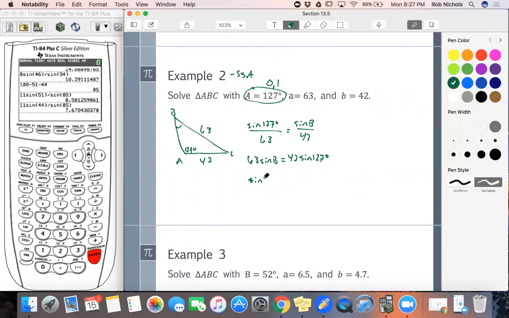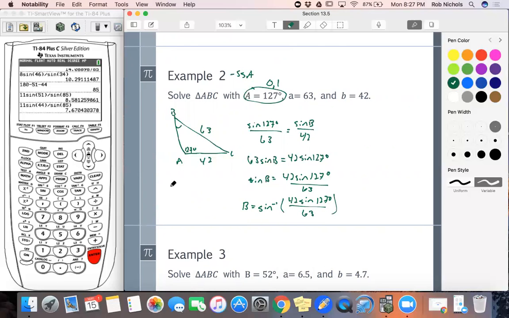So we have the sine of b equals 42 times the sine of 127 degrees over 63. So then b equals the inverse sine, remember that's how we get rid of the sine, of 42 times the sine of 127 degrees over 63.